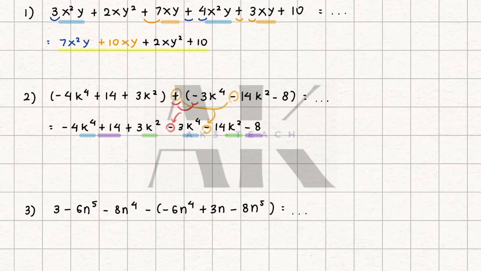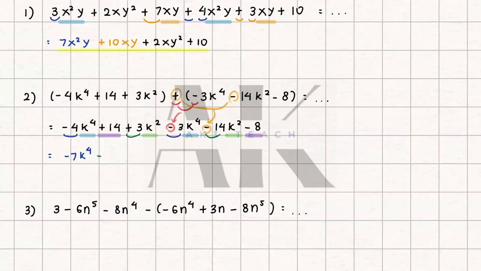So let's start with the blue first. What do we have? Negative 4k to the power of 4 minus 3k to the power of 4. If I have this, I'm having a negative 7k to the power of 4. Moving on to the green one, I have a positive 3 and minus 14.